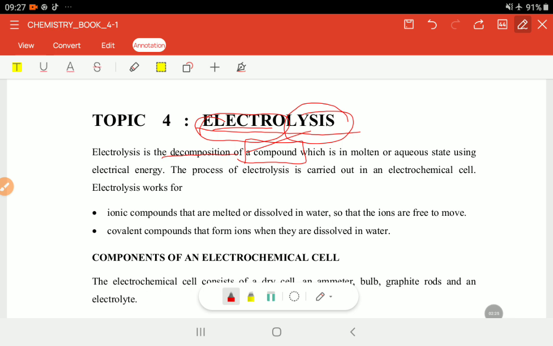However, there is a specification that this compound must be in a molten form or in an aqueous form.